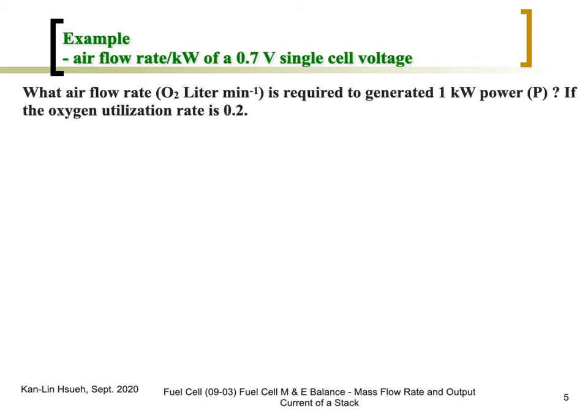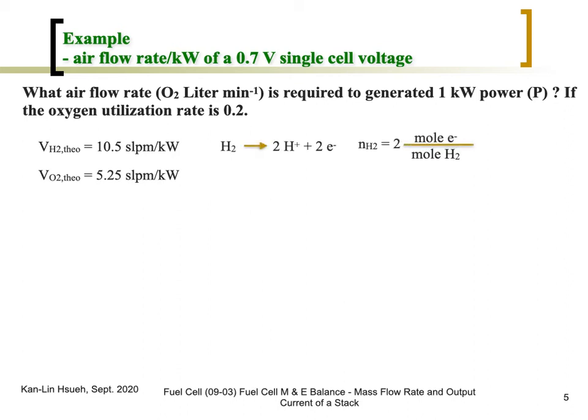Then how about the oxygen? If the oxygen utilization rate is 0.2, that means the stoichiometric number is 5. The oxygen volumetric flow rate is half of the hydrogen, because each mole of hydrogen generates 2 moles of electrons, but each mole of oxygen generates 4 moles of electrons. So for the same output current or power, the oxygen requirement is half of the hydrogen.